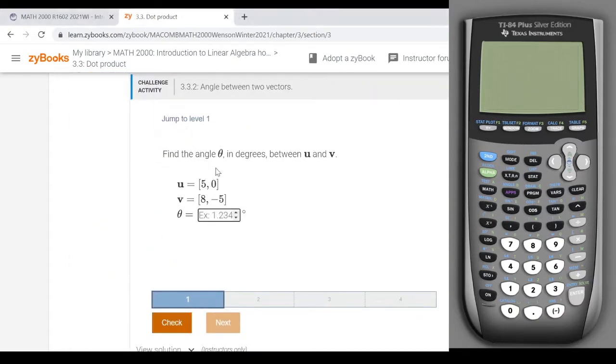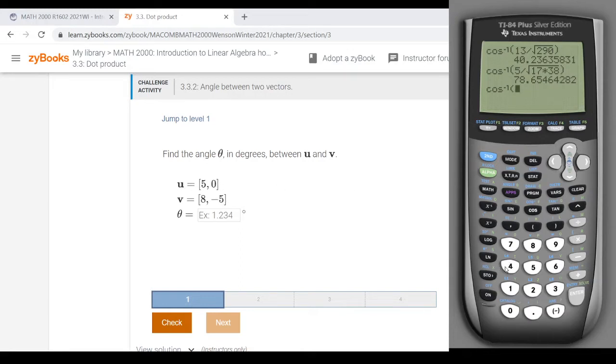So I hit start. Now remember, I'm just going to enter that inverse cosine right now because I know the structure. I'd be taking the inverse cosine to find the angle between these vectors. Inside the inverse cosine, the numerator is the dot product. The dot product of these two vectors is 40, 40 plus 0.